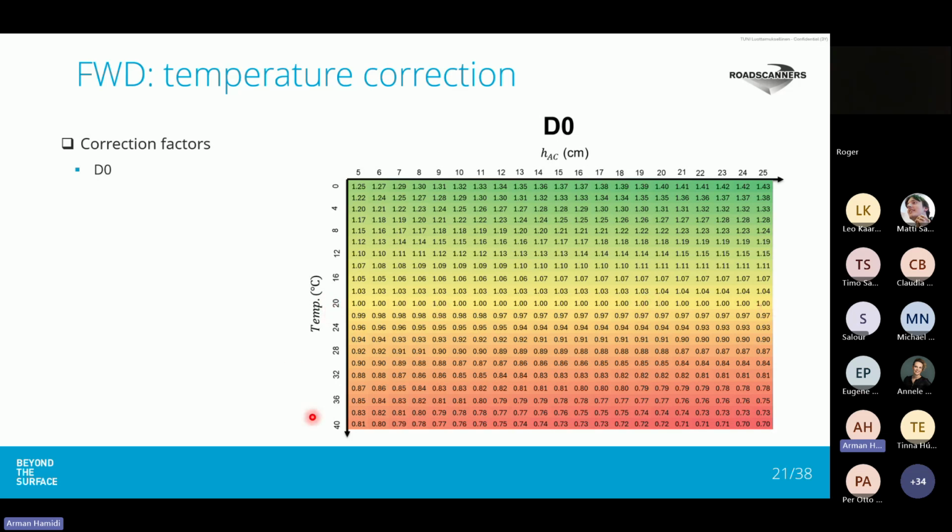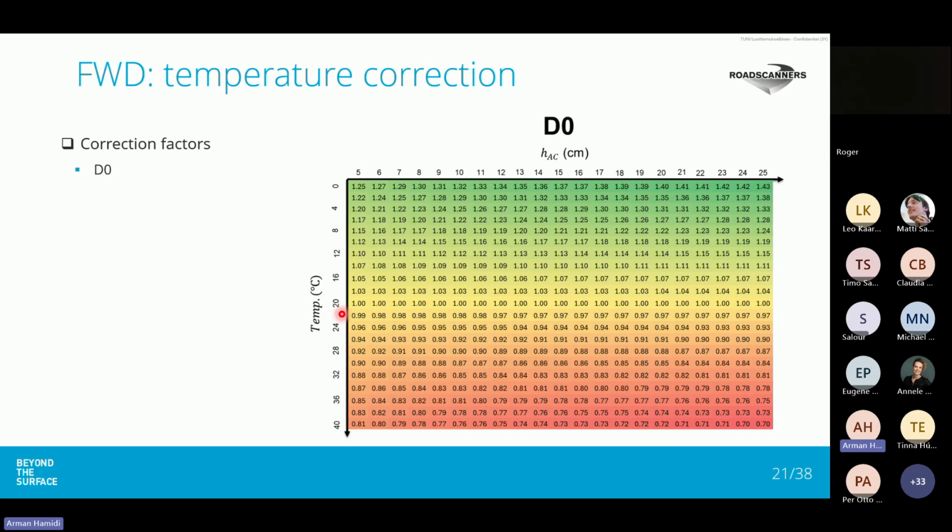When temperature is higher than 20 degrees of centigrade, we will have higher deflection. So to adjust them to 20 degrees of centigrade, we need to apply correction factors that are generally lower than 1. And when temperature is lower than 20 degrees of centigrade, we certainly need to apply correction factors higher than 1 to adjust them to 20 degrees of centigrade.